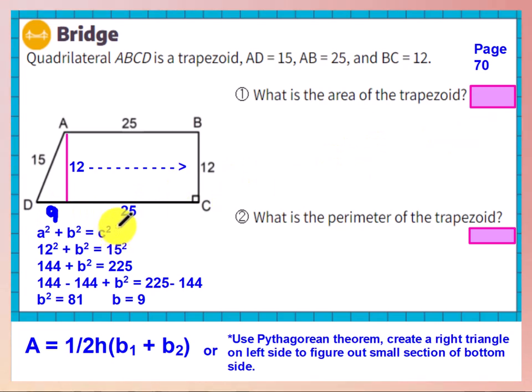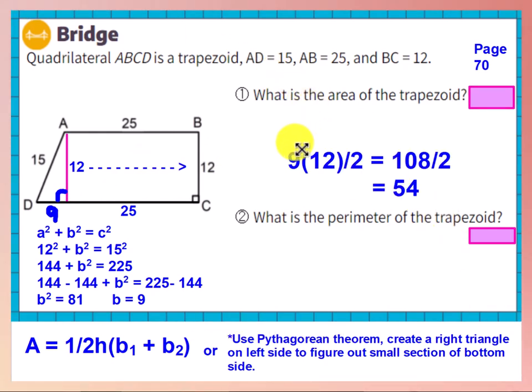All right, now to find the area of a triangle, the area of a triangle is one half the base times the height. Because this is a right triangle, the legs are going to be the base and the height. So 9 times 12 divided by 2.